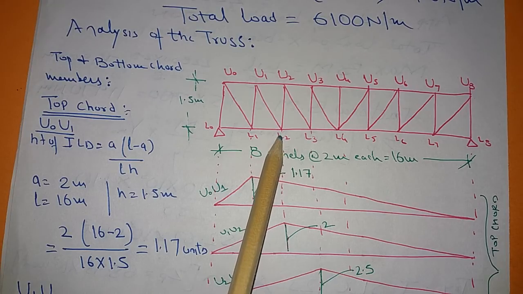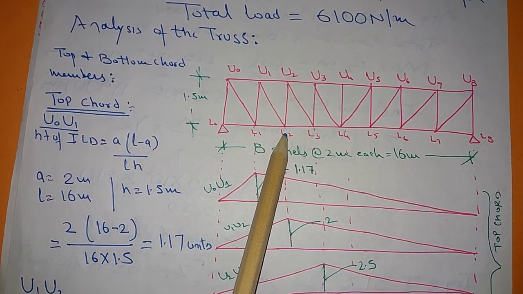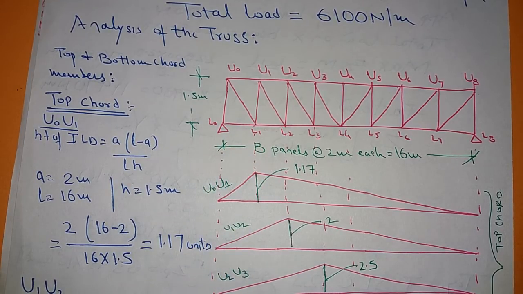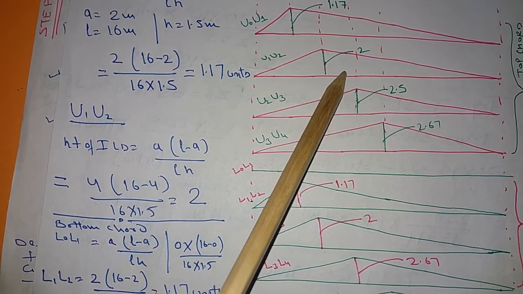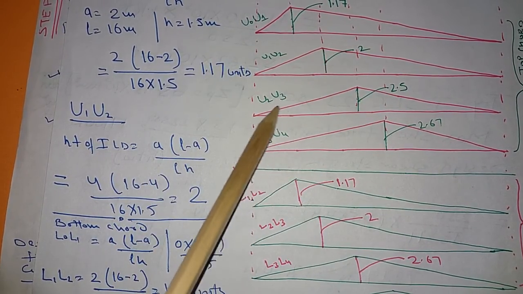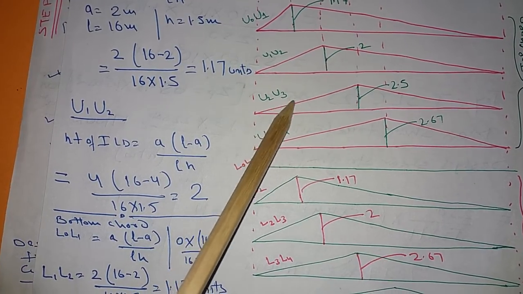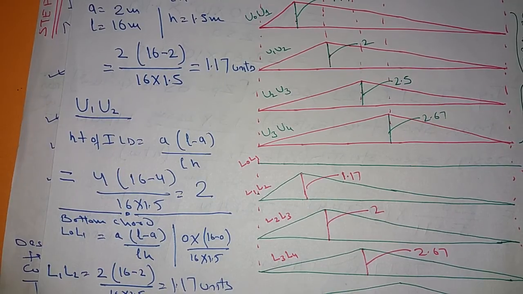So the distance up to left joint. So left joint is L2. So 2 plus 2. So it is 4 meter. So easily calculate. So according to this formula, we can calculate all this U2, U3, U3, U4. All the members can be calculated for the top chord.